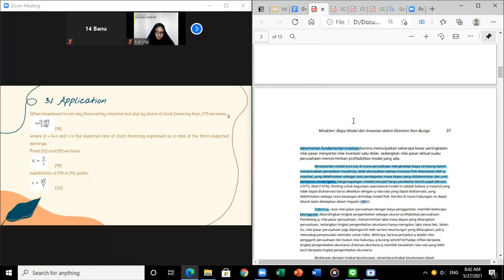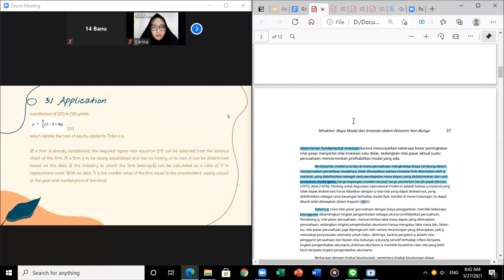From equations number 12 and number 15, we will have C equal to Y divided by R, and by substitution from equations number 19 and 16, we will get R equal to QY divided by V. For the last one, we substitute equations number 20 and 18.